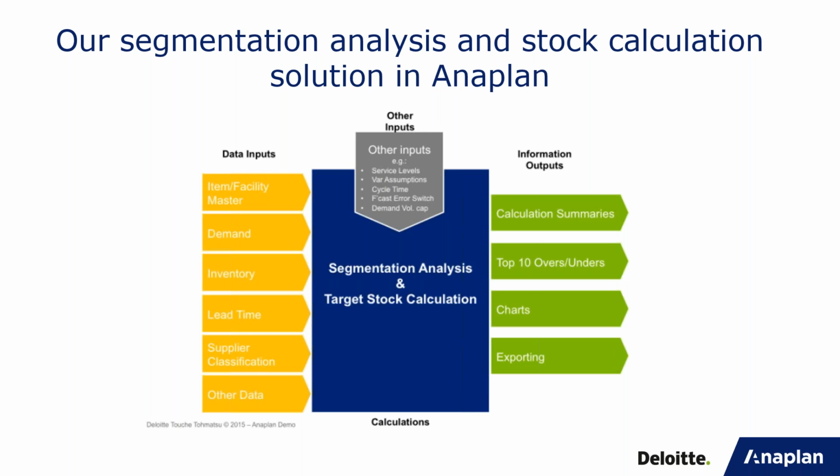And then we've got a few key outputs. We've got some calculation summaries, which you'll see on the first page I'll show you. And then a series of charts and graphs, which make it really easy to either export these out and put them into packs that you can present, or present directly in Anaplan. We found our clients using both of those options. And finally, exporting.